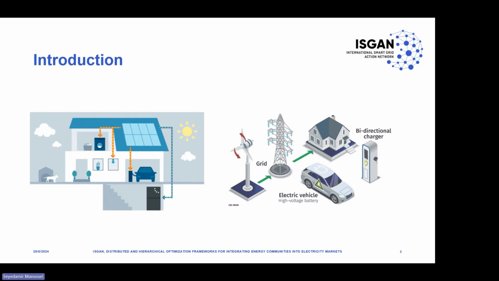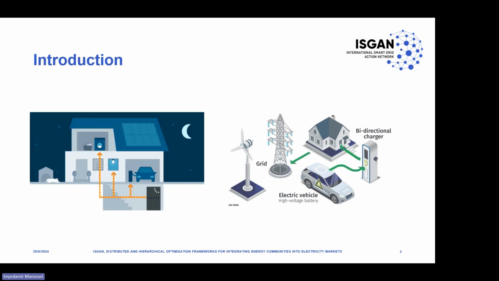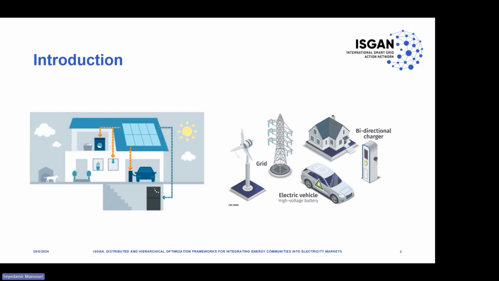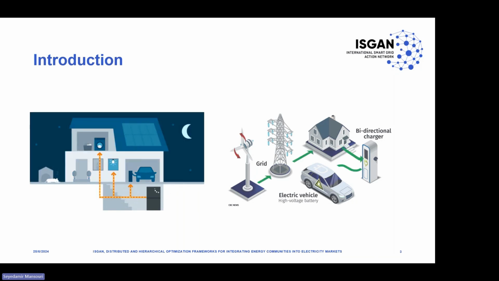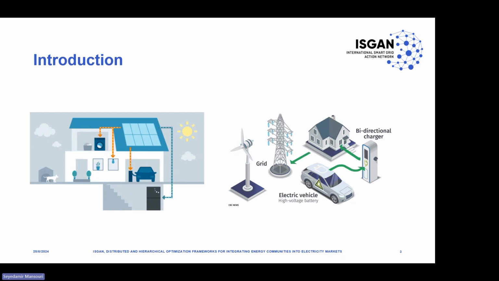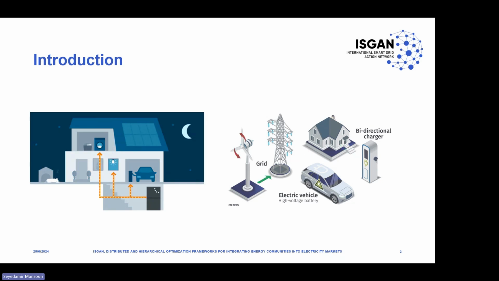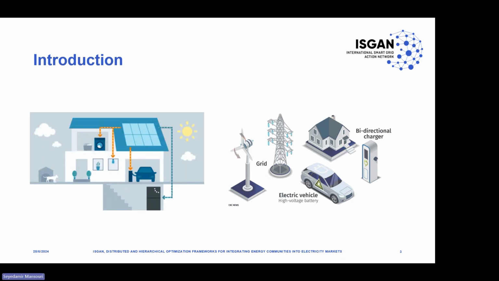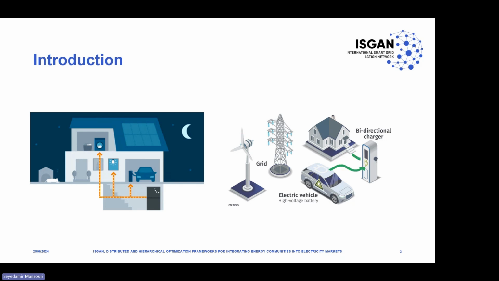So in some hours, it can receive power from the grid, and in some specific hours it can provide services for the grid, services like frequency control, voltage control, congestion management services, and other flexibility services which are currently available on the demand side.